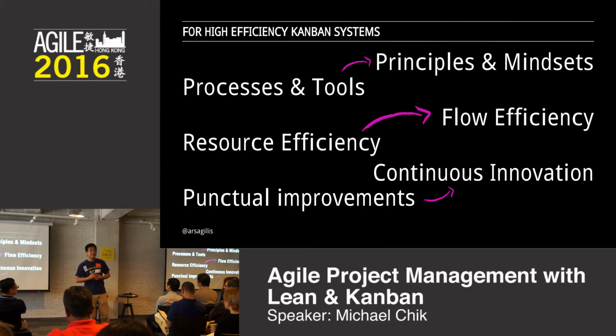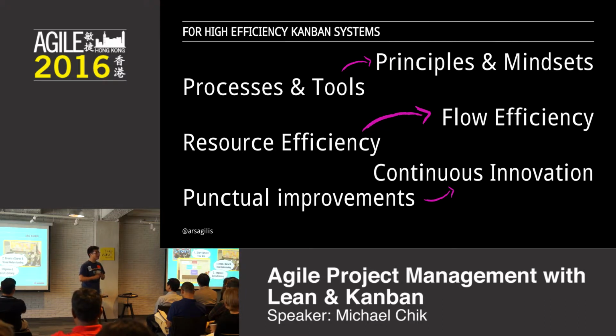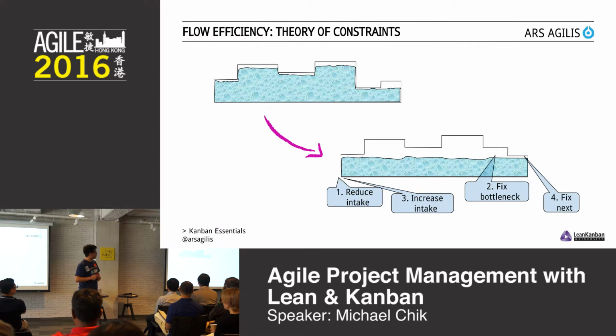Once you have that in place, what does a Kanban board tell you? We then apply something called theory of constraints. The way we look at work, if it flows through a system, it's a little bit like an uneven pipe where you push water through. That's our analogy. This could be analysis, this part is development, this part is UAT or SIT.